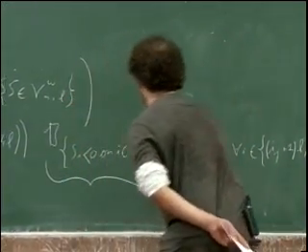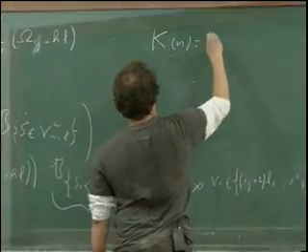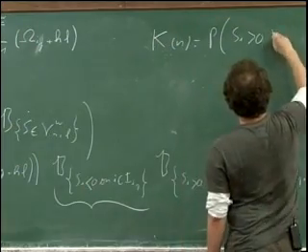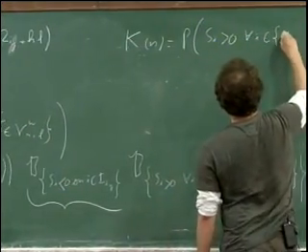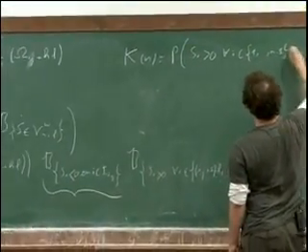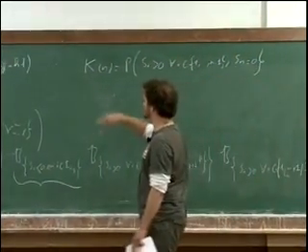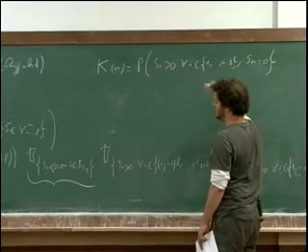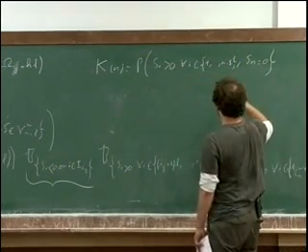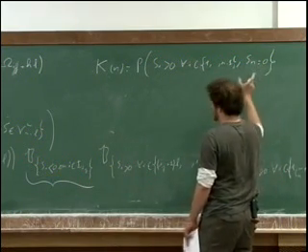So another notation, let's call K of n the probability that Si strictly positive for all i in 1 to n minus 1, and S n equal to 0. So that's just the probability to make an excursion in one of the half planes, and that this excursion is exactly of length n.